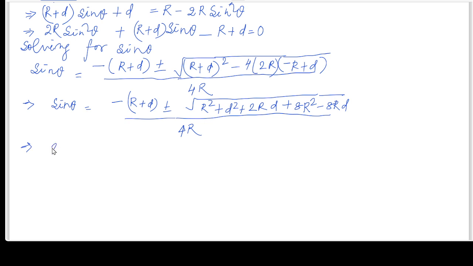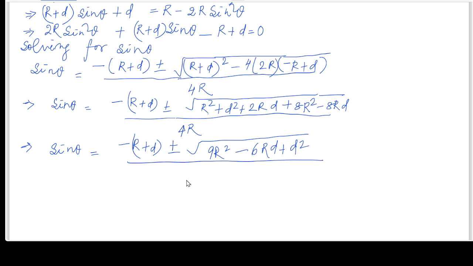Or sine theta equals minus R plus d plus minus square root of 9R square minus 6Rd plus d square, whole upon 4R.